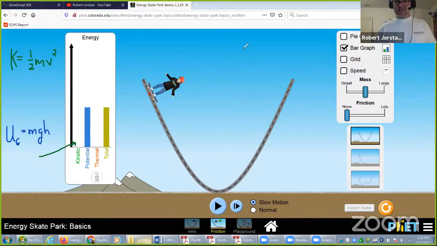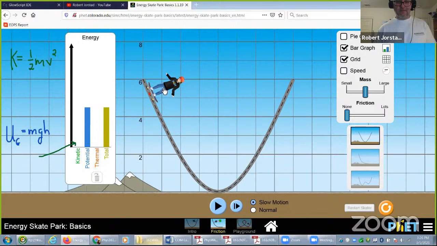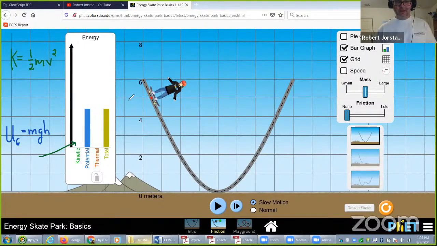And now, just so I could see a little bit better, let me put the grid on here. So again, we're focused on this red dot. This is the starting level. Okay, the person's at that red dot. If I hit play, in theory, if there's no friction, again, we're looking here at the friction.